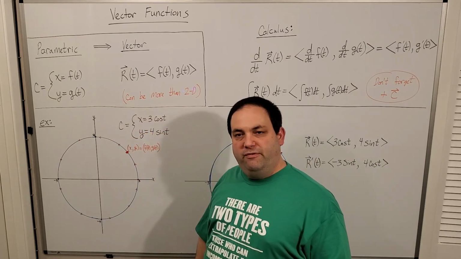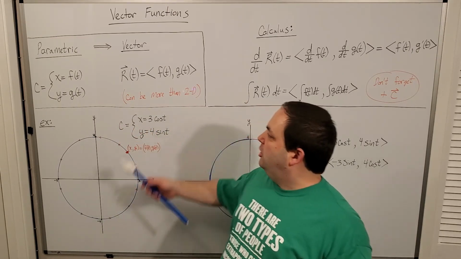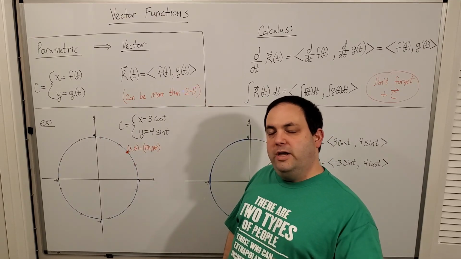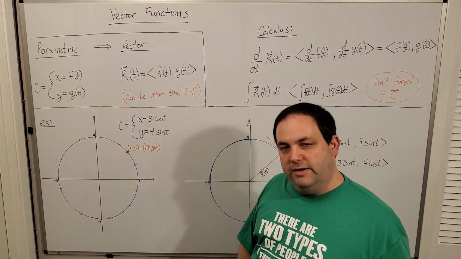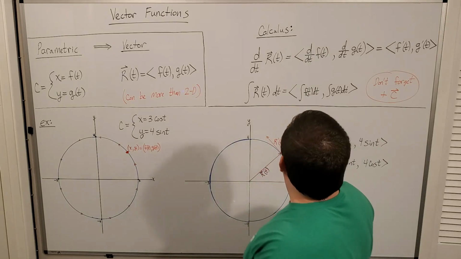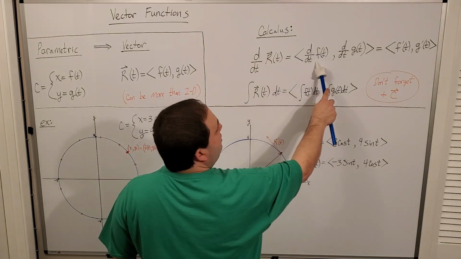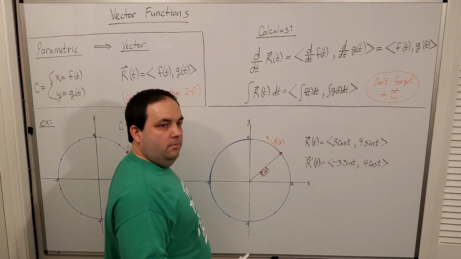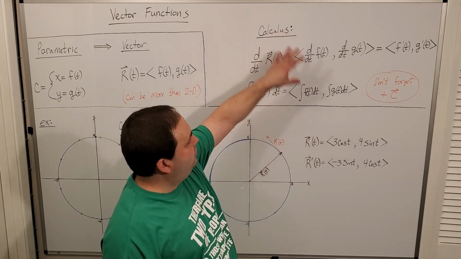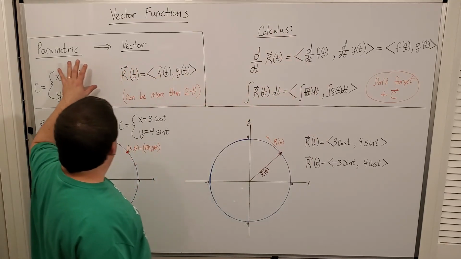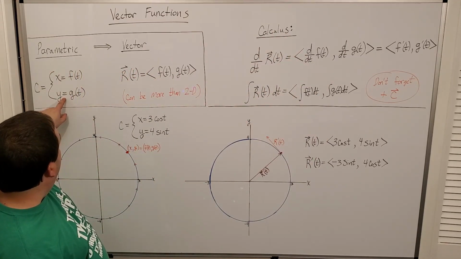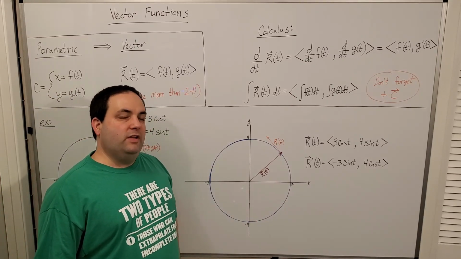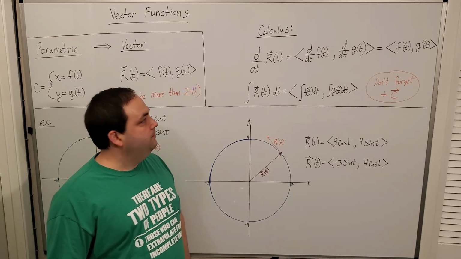When you start talking about vector functions instead of parametric equations, you get a slight upgrade on your derivatives, where I'm still going to be taking the derivative of each individual component, but notice now I don't have to divide them to get the dy over dx, which is what you would do with parametric, right? I would do dy dt over dx dt to get my original derivative, the slope of the tangent line.